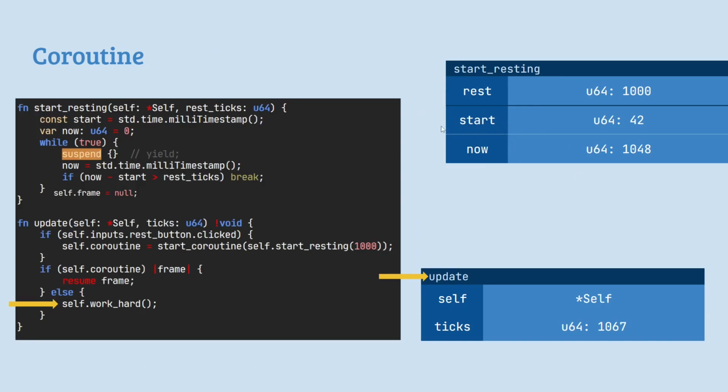There's no way for this coroutine's start value to be changed from outside the function, and also there is no space wasted for this same start within self, for example, or the application or the game. So this memory only exists for this context, and once this context is no longer valid, this can be cleared or gotten rid of, but it does not waste any additional memory.